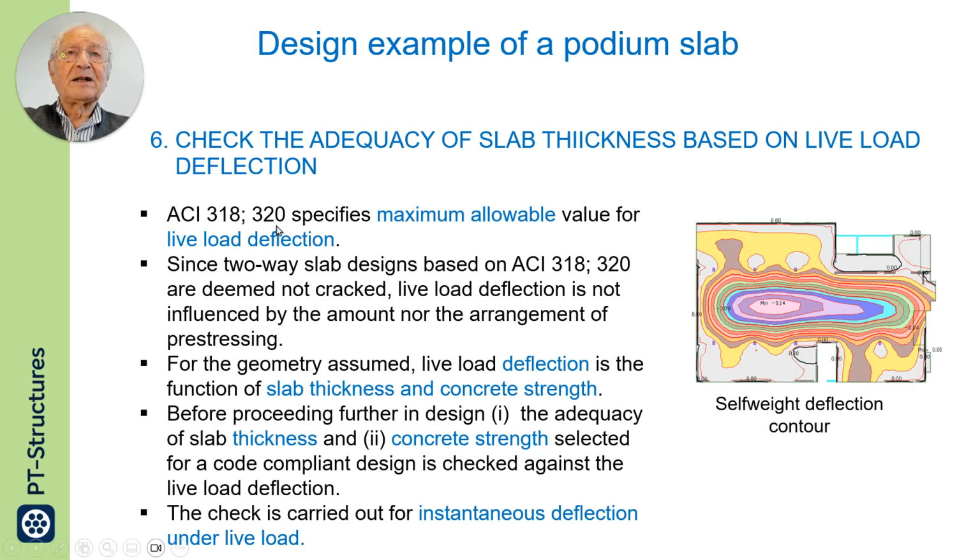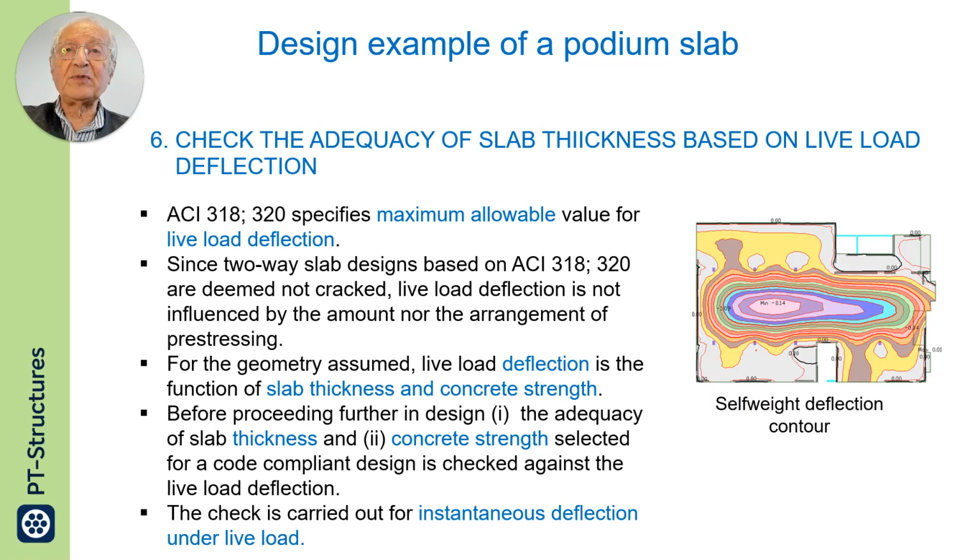Next, ACI specifies maximum allowable deflection for live load. This is the next important check. Since two-way slab designs based on ACI are assumed not cracked, that is the way ACI works for two-way slabs, uncracked.